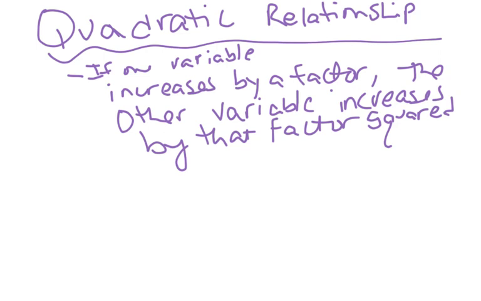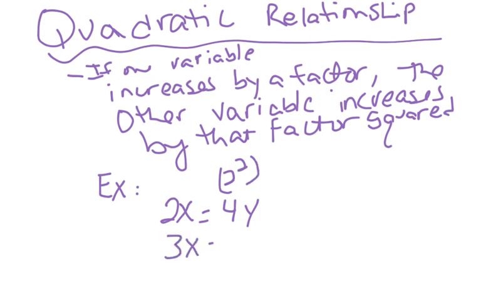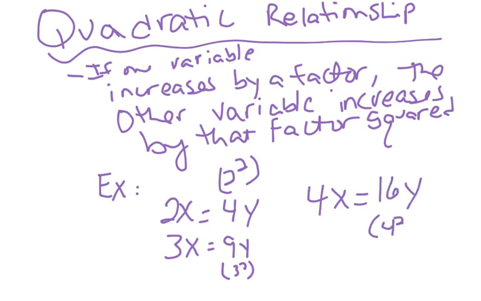So for example, if I double x, then y would go up by 4 because 4 is 2 squared. Okay? If I triple x, y would go up by 9 because that's 3 squared. If I quadrupled x, y would go up by 16 because 16 is 4 squared. Okay, so we would write this as y is proportional to x squared.